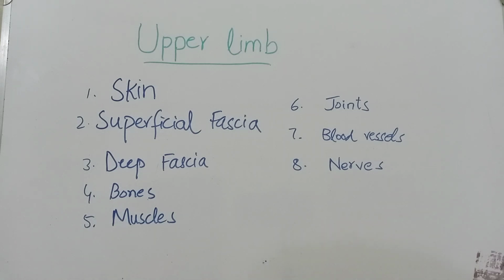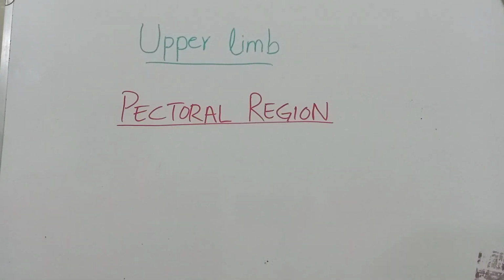After dissecting the skin, we will encounter the superficial fascia of the upper limb. As we have discussed, the upper limb consists of four parts: the shoulder, the arm, forearm, and hand.